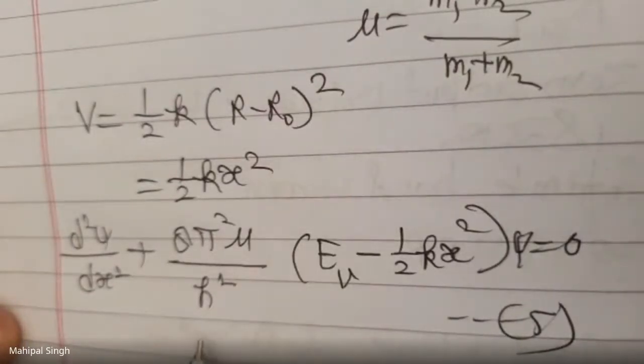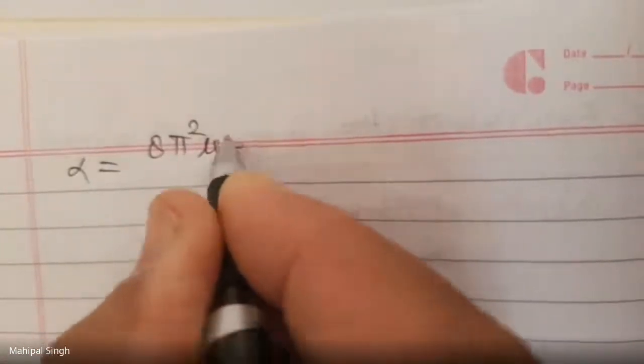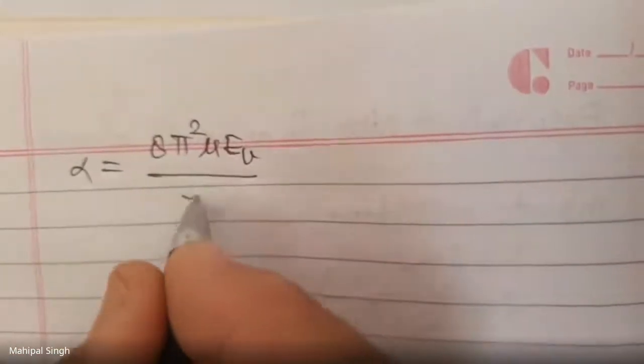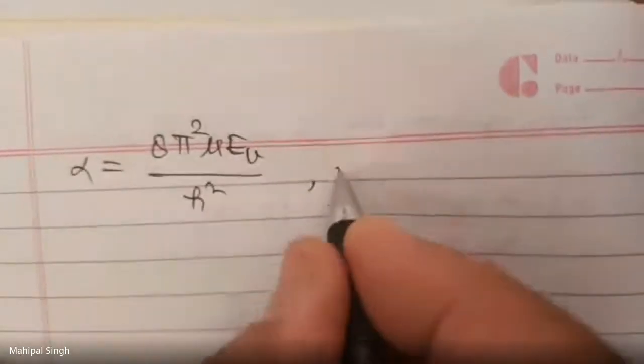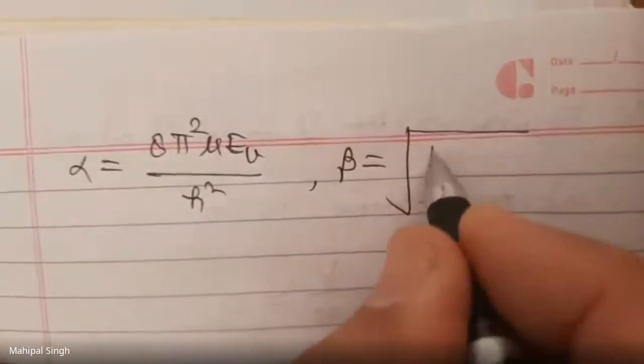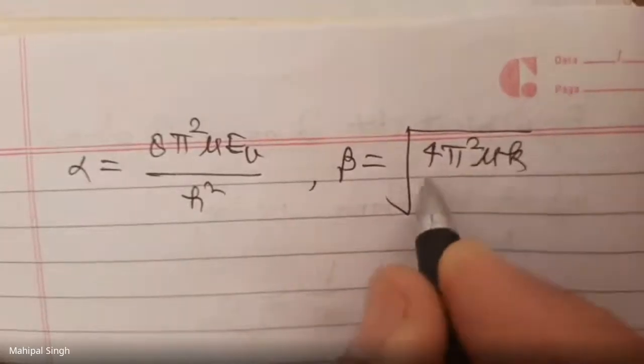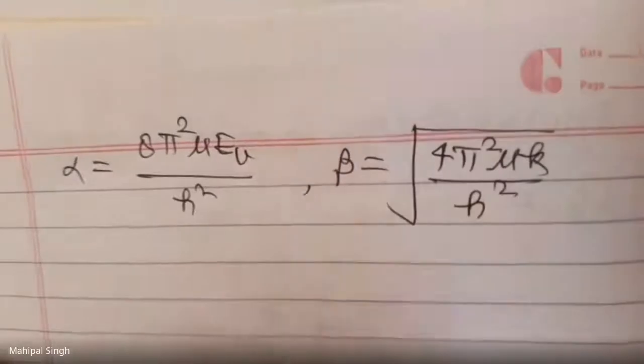Now substituting two new parameters, alpha and beta, like alpha equal to 8 pi square mu E upon h square and beta equal to under root 4 pi square mu k upon h square.